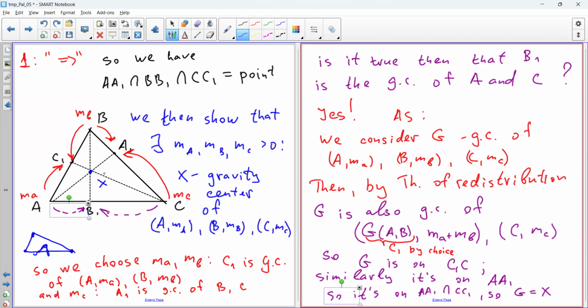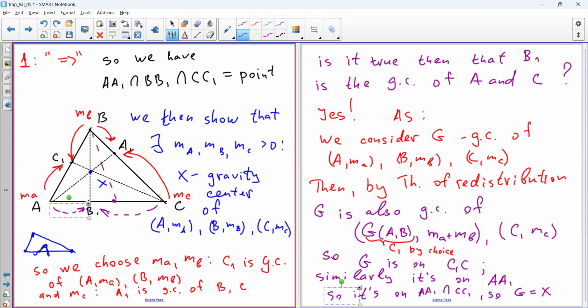But then we can also say that the gravity center of these two must be B1. Why is that? Just because if we have any other point, then the gravity center of the triangle of the vertices would be a point on this line, right?